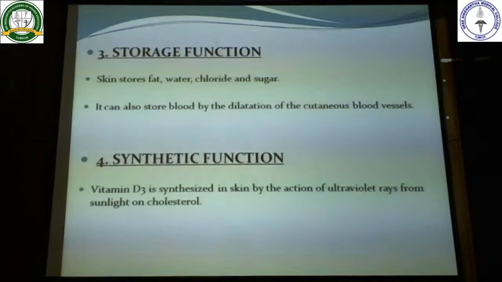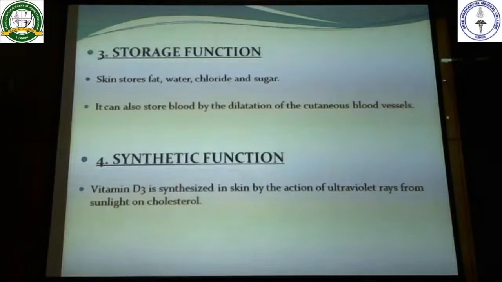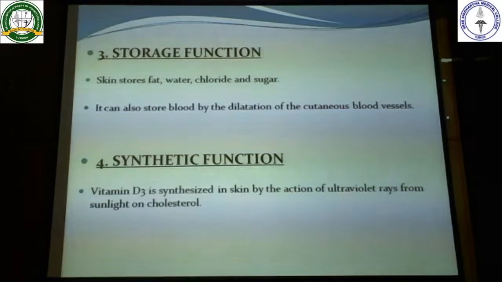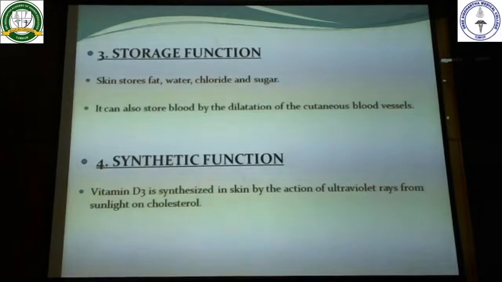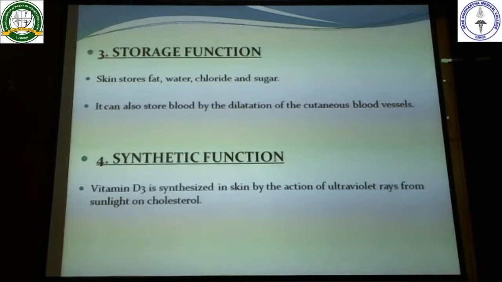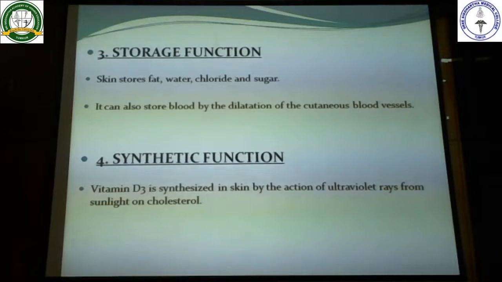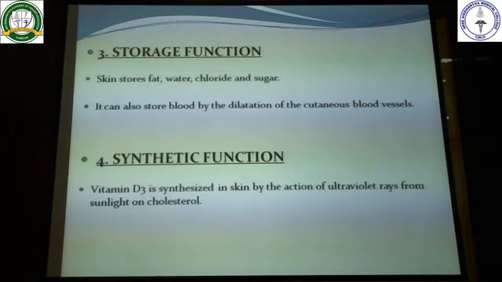This vitamin D3 is very essential for the absorption of calcium, and it helps in the homeostasis of calcium in the body. Vitamin D3 is synthesized in the skin by the action of the UV rays present in sunlight on the cholesterol present in your body. Hence, the skin also has a synthetic function: it helps in the synthesis of vitamin D3.